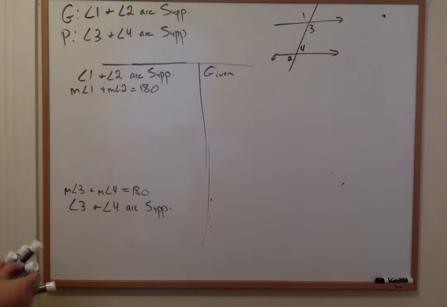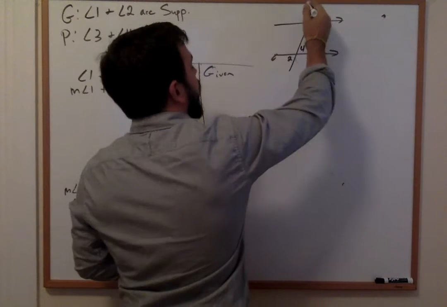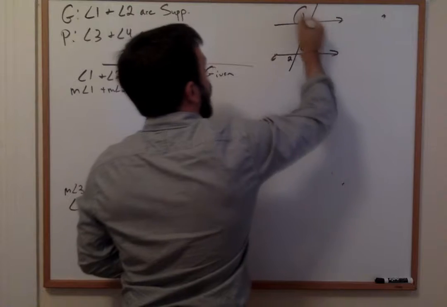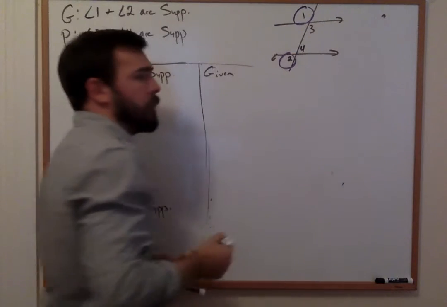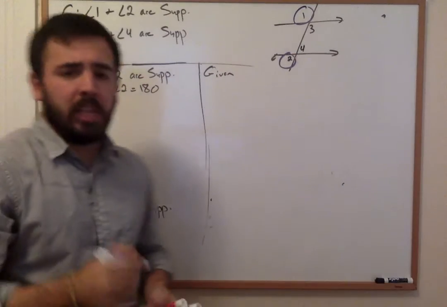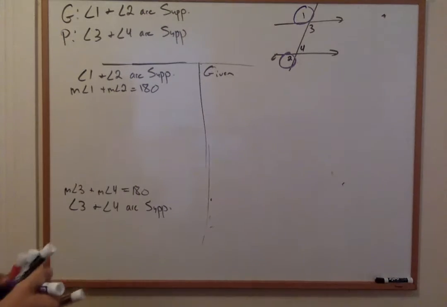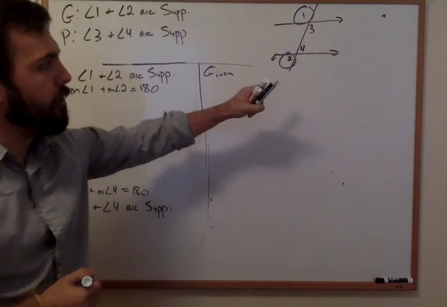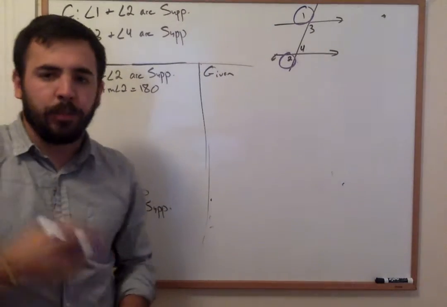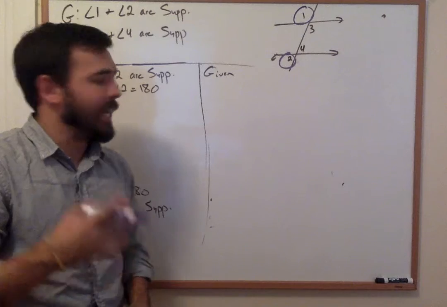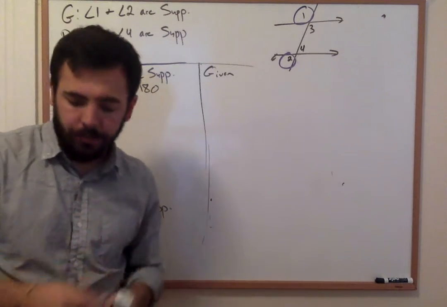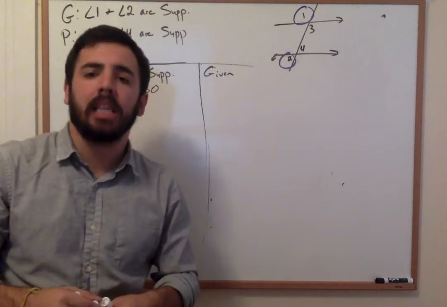Well, all right. I'm given that 1 and 2 are supplementary. Okay, that's a relationship that I'm given. All right. Well, you should be very aware of a specific angle relationship here. And we're going to see them a lot.